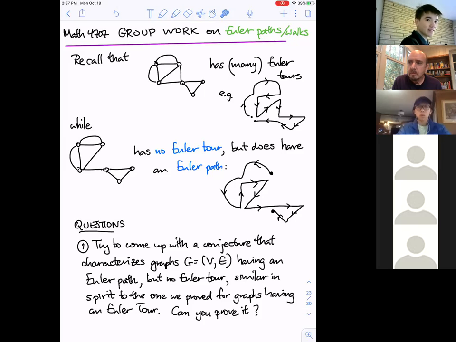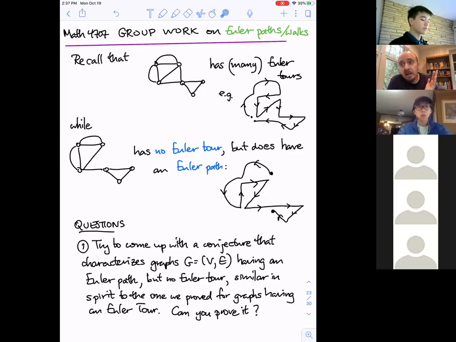Only two vertices have odd degree. Right. So the characterization is you have to have exactly two vertices of odd degree.